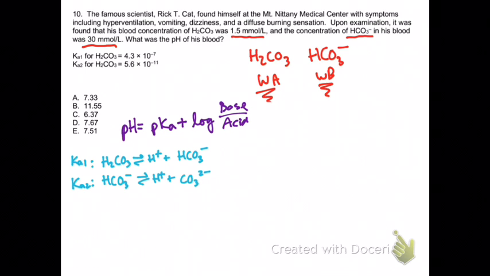So we need to use the one that involves our conjugate weak acid, weak base pair, which is Ka1. So when we solve here, we're going to use pKa, the negative log of Ka1, because again, that relates our conjugate weak acid, weak base pair that we have, which is 4.3 times 10 to the negative 7th.